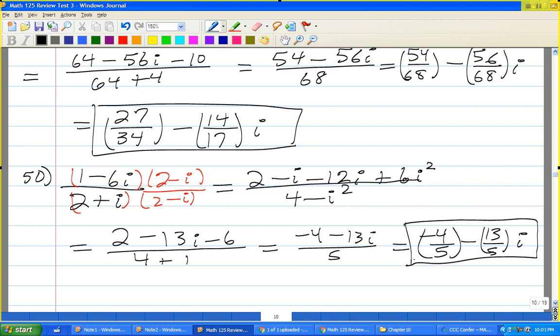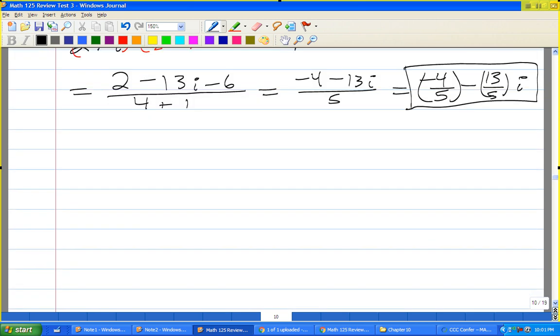Let me do problem number 51. Find the power of i. So i to the 24. And so 24 is a multiple of 4.